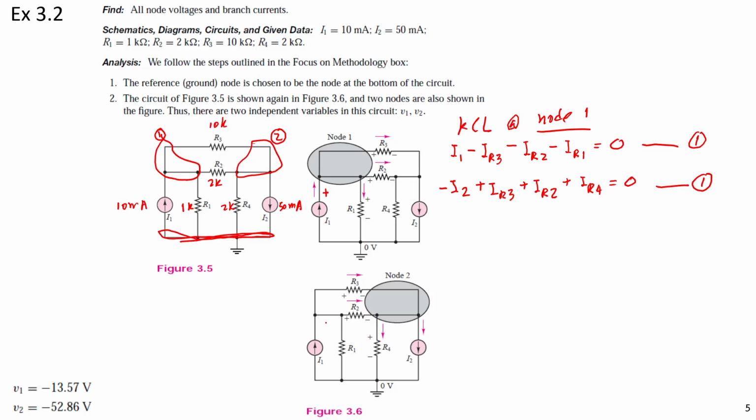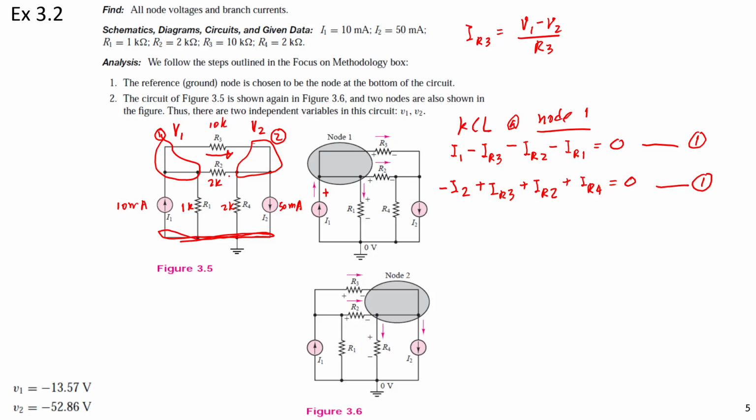Then we can substitute. This is V1 and this is V2. So IR3 equals V1 minus V2 divided by R3, right? The voltage across R3.